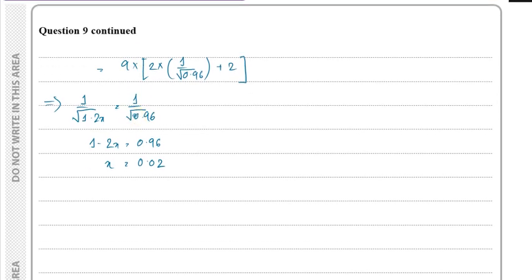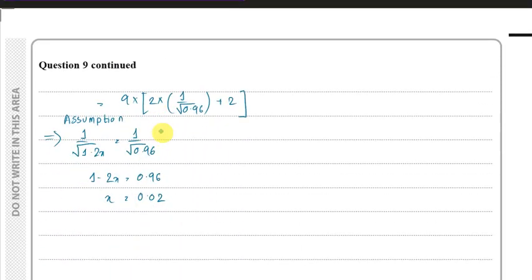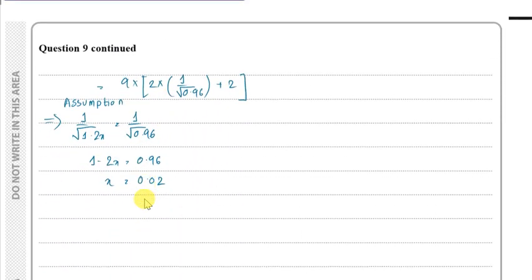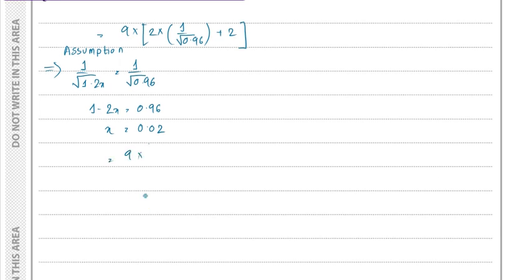So here we took the assumption that 1 by root over 1 minus 2x is equal to 1 by root over 0.96. So if that is equal to this, then for the given expression, we have 9 multiplied by 2 multiplied by 1 by root over 0.96. We can also write it in this form, that 1 by root over 0.96 is equal to 1 by root over 1 minus 2x, plus 2.